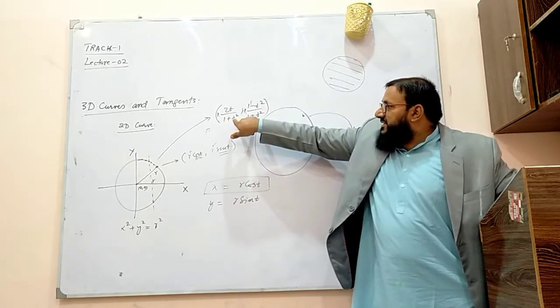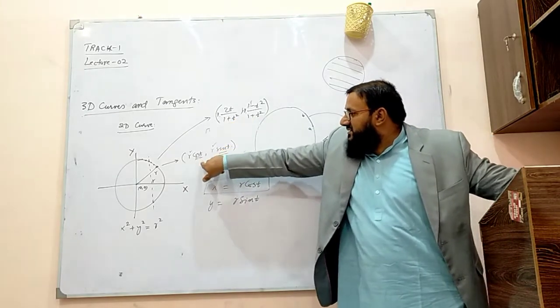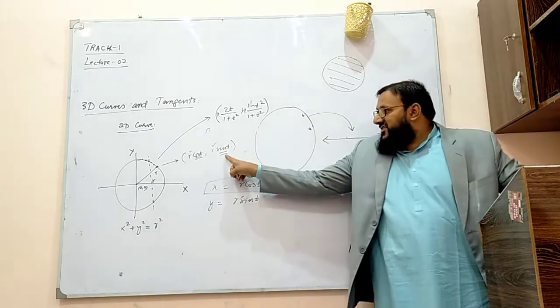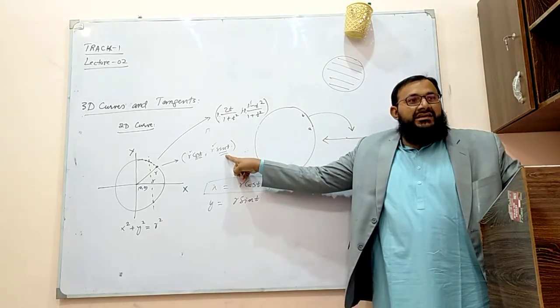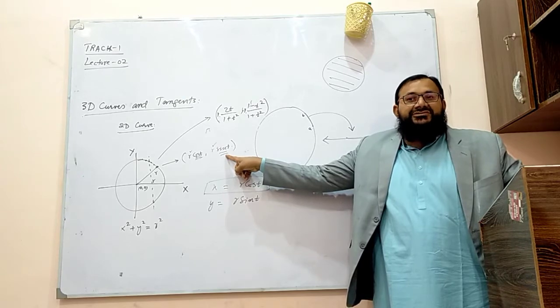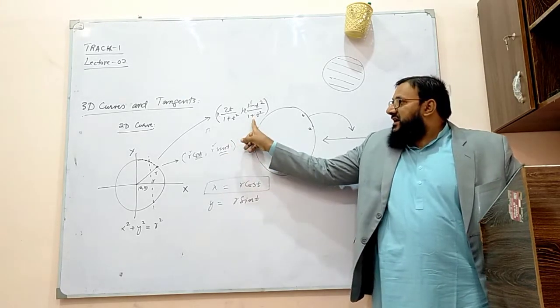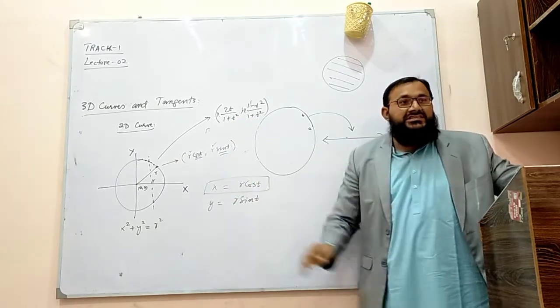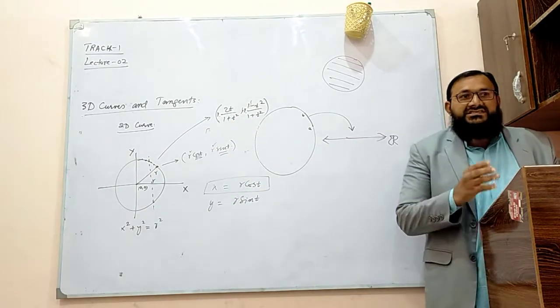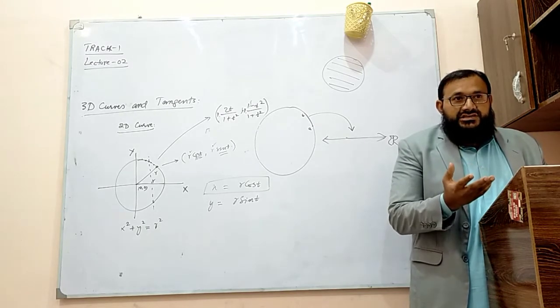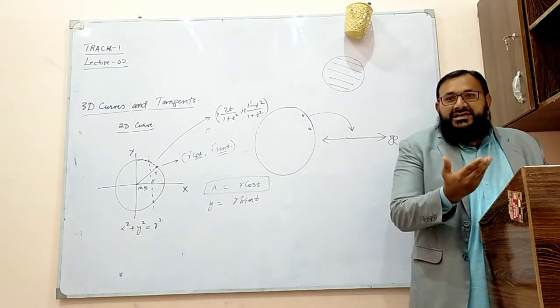But what is the difference between this one and this one? This will give us a value which is a real number, meaning it can be rational as well as irrational. But this always gives us a rational number, because t itself is an integer or rational number, and when you put it there you get a rational number.